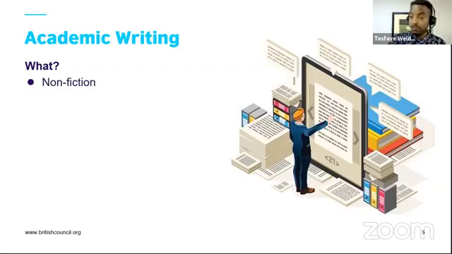Yes, one of it. We can say that it's nonfiction. It's not fiction. It's not something creative. It's not storytelling. It's writing about what really happened, or it's evidence-based writing rather than fiction-based.